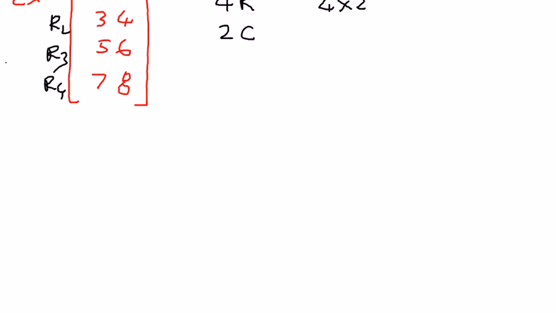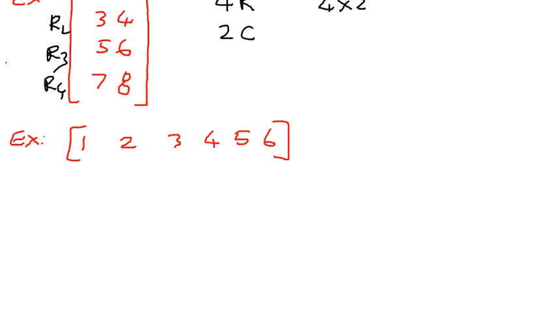Okay. Let's see if we can represent some more examples related to this. Let's say we have a matrix of this size: 1, 2, 3, 4, 5, 6, like that.